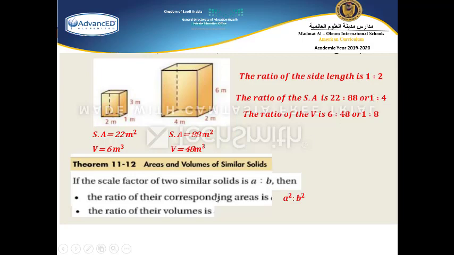Then our theorem confirmed this fact. For the ratio of their volumes, if the scale factor is A to B, then the ratio will be A cubed to B cubed. The scale factor 1 to 2, if we cube both terms, we get 1 to 8.